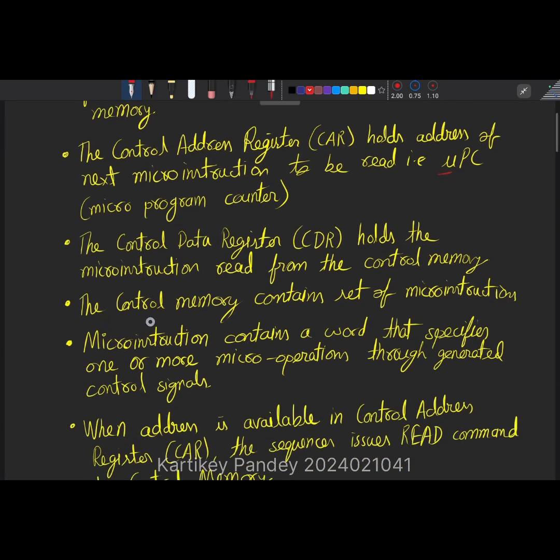Now the control memory contains a set of micro instructions. We have already discussed that. A micro instruction contains a word, also known as a control word, that specifies one or more micro operations through generated control signals.